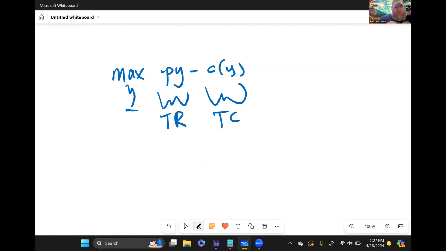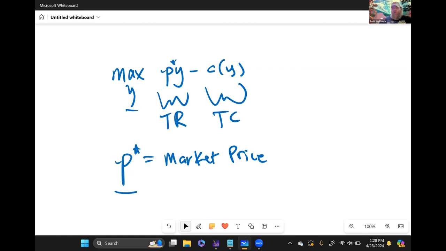So I'm going to put a star here. This indicates that this is a market price. Now, that's the big assumption that we make with competitive markets. So in competitive markets, the assumption we make is that no one firm has the ability to pick prices.